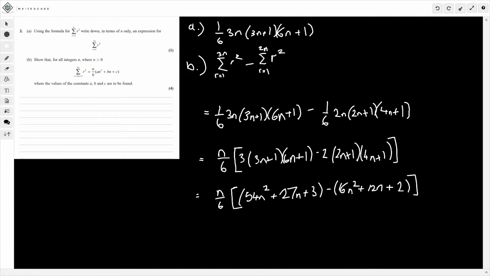If you simplify these expressions in the square brackets, what you're going to get is n over 6 times, you could have put it in round brackets really, but it's okay, 38n squared, because obviously 54n squared minus 16n squared gives me 38n squared, plus 15n plus 1. And there we go, we've done it. We've got it in this form, n over 6. My A is clearly 38, my B is 15, and my C is just plus 1. And there we go, that's all 5 marks for that question.